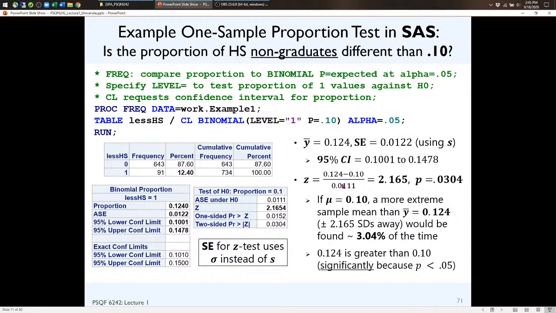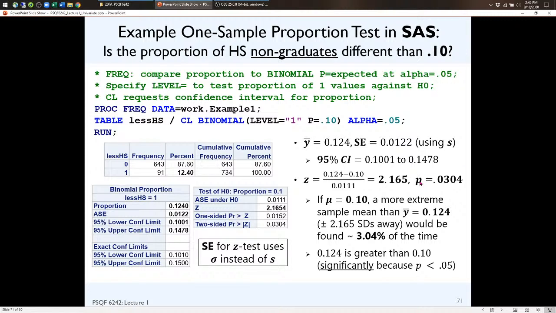My z value was calculated as follows. It's the sample mean minus the population mean that's expected as the null hypothesis, divided by the standard error that it's using. That works out to be 2.165. So about 2 standard errors above the mean that's expected is what I found for my sample.